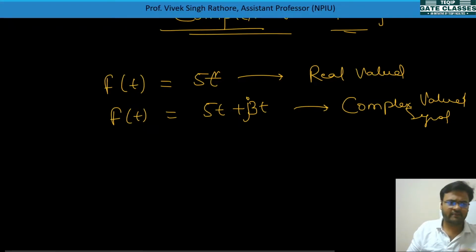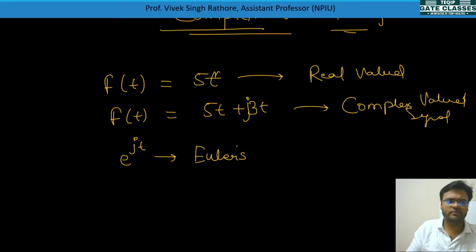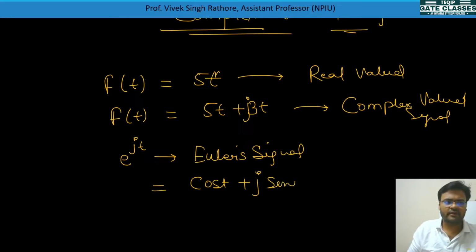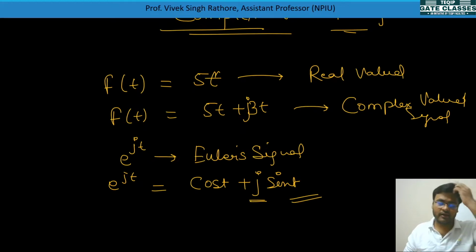The best example of a complex valued signal is e to the power jt, which is called Euler's signal. And e to the power jt, as you know, can be written in trigonometric form also, that is cos t plus j sin t. This has a complex part, so it is a complex valued signal.